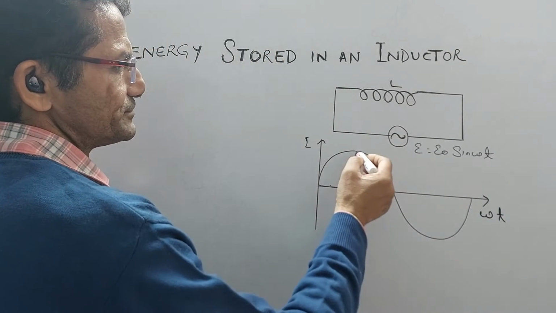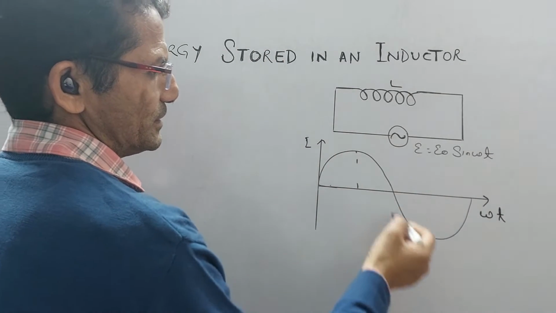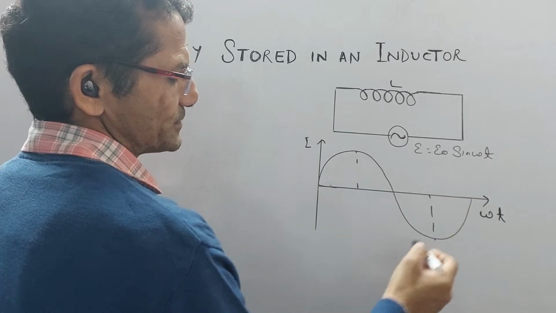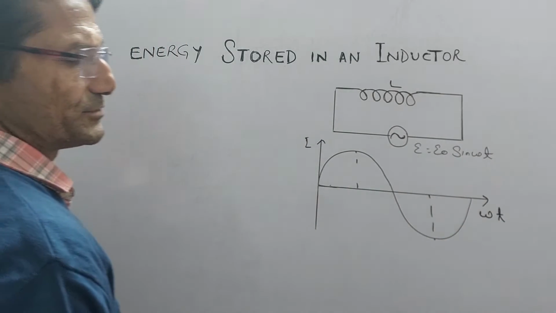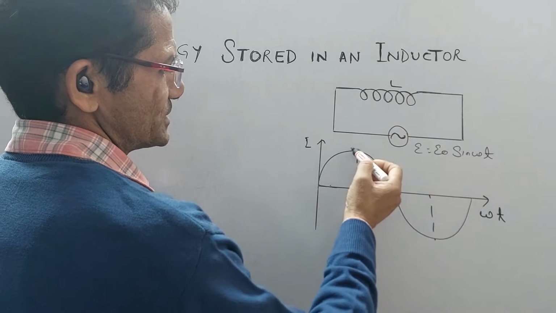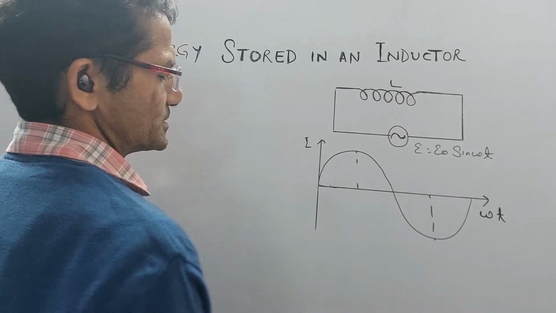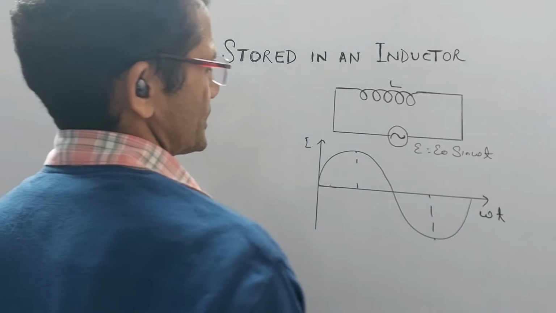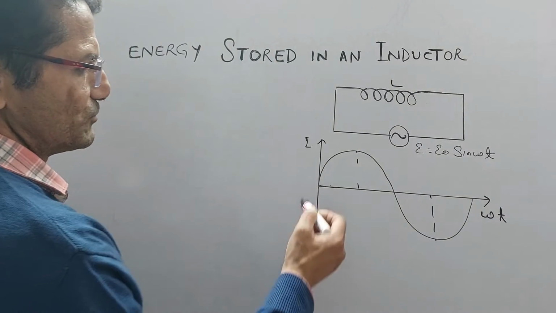Here it is one complete cycle. In a complete cycle, there are four quarters: first quarter, second quarter, third quarter, and fourth quarter. We are going to discuss only one quarter.